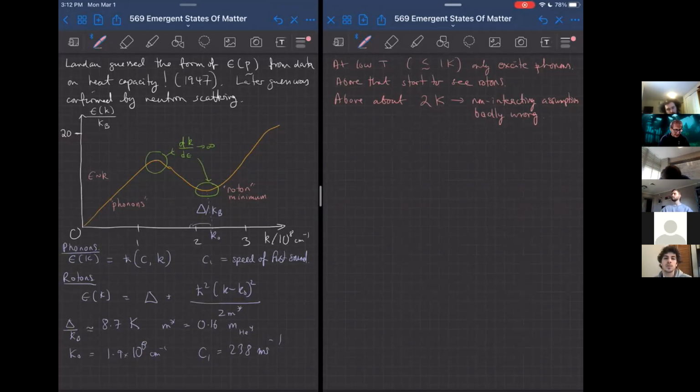So let's now talk about the thermodynamics of these quasi-particles.